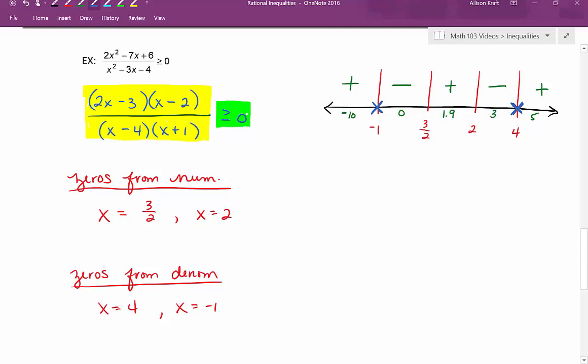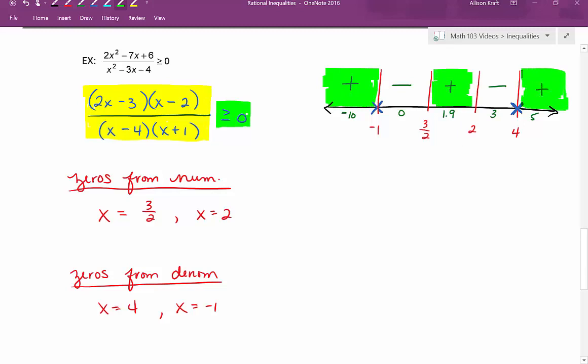Back to our inequality symbol. Our rational is greater than or equal to 0. So what kind of numbers are greater than 0? Positive ones. So our solution is going to include this interval, and this one, and this one.